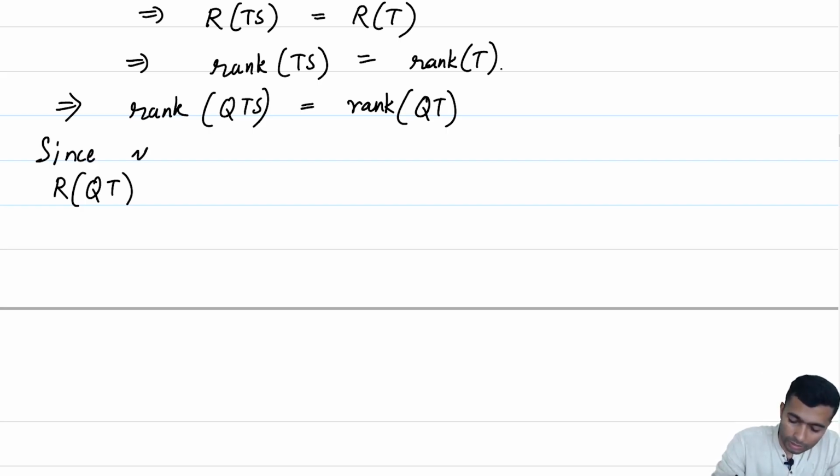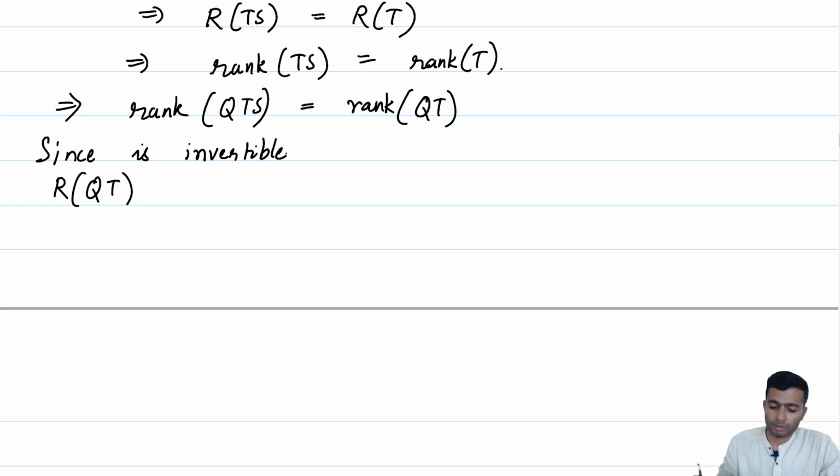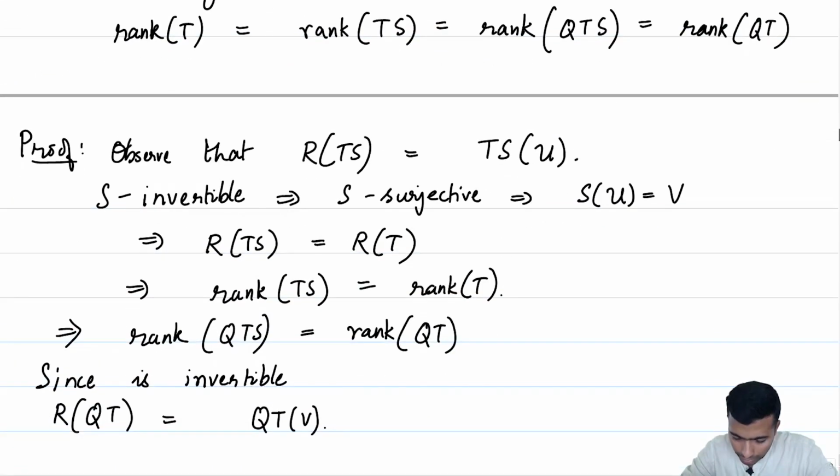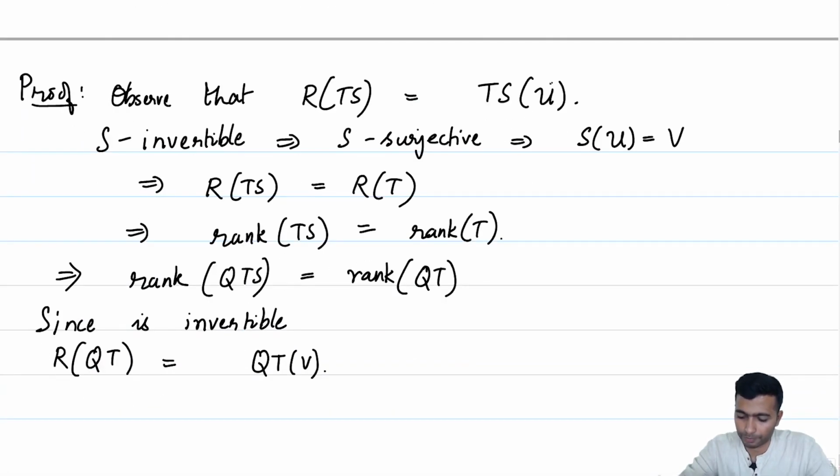Since Q is invertible, the dimension of the range of Q is the same as the dimension of the domain of Q. So this is equal to, I will just write it in a crude manner, Q of T of U.